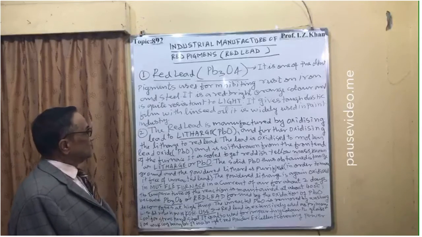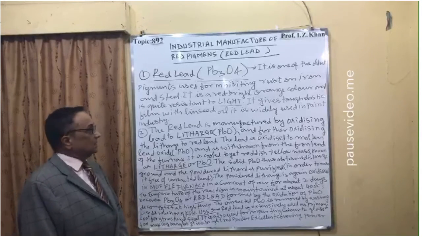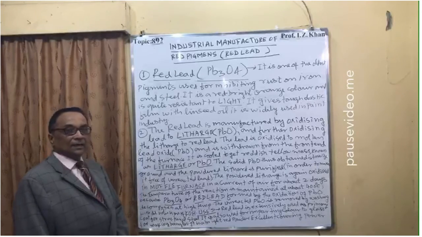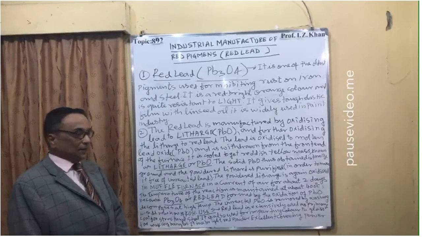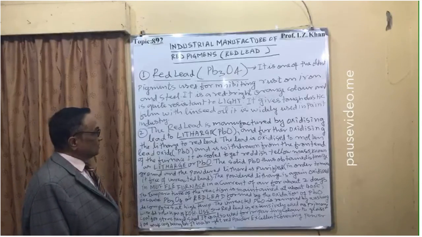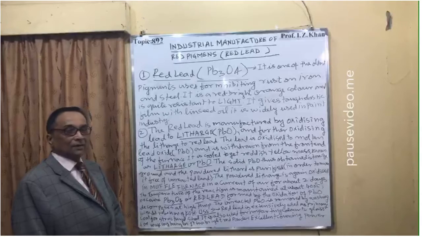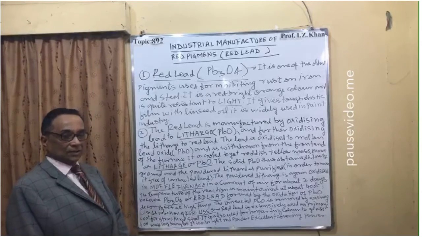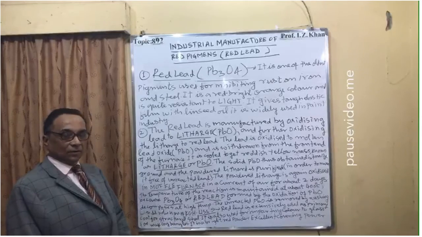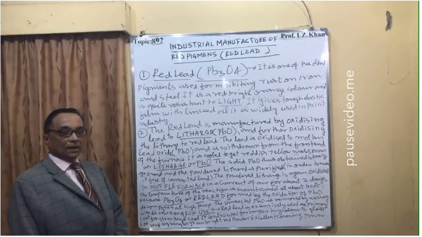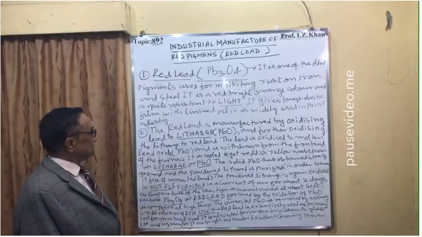Number two, red lead is manufactured industrially by oxidizing lead to litharge, PbO, and further oxidizing the litharge to red lead. Once litharge PbO is again subjected to oxidation at 400 degrees centigrade, it is converted into red lead.